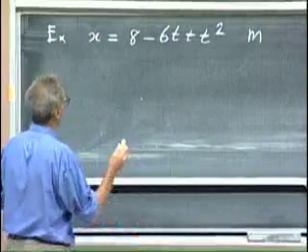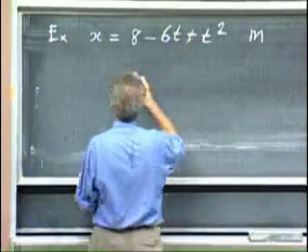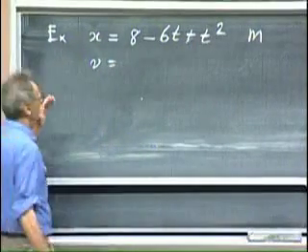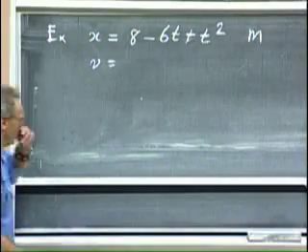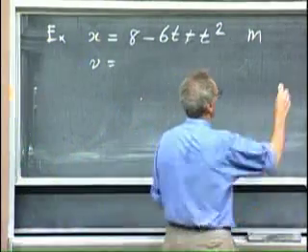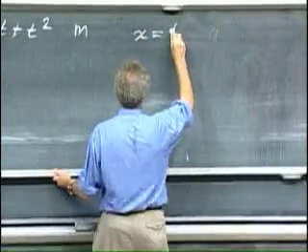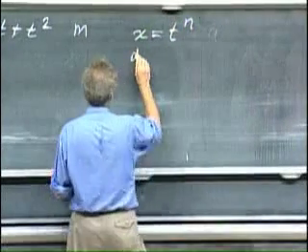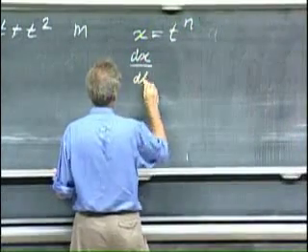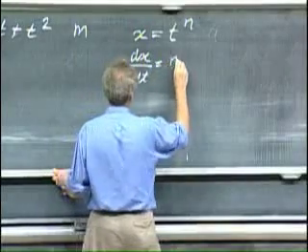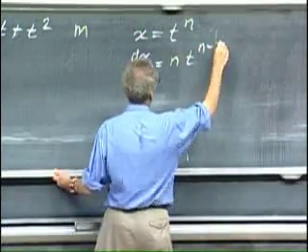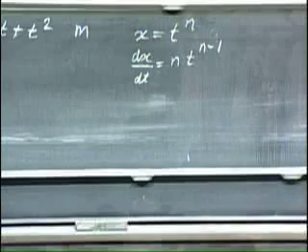What now is the velocity at any moment in time? Well, that's the derivative, dx/dt, and I use the following: if x equals t to the power n, then, as most of you should know, dx/dt is n times t to the power n minus 1. That's all I'm using.